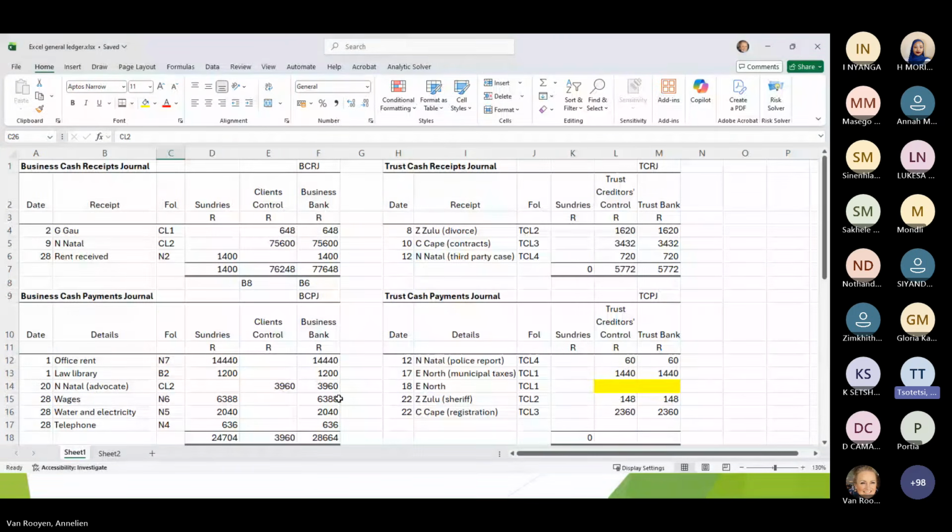When do we get to use that column for sundries? Very seldom, very seldom in trust accounts. I can't even think of something that will go in there quickly. Most of the time it will be trust creditors control. Anine, can you think of something quickly?